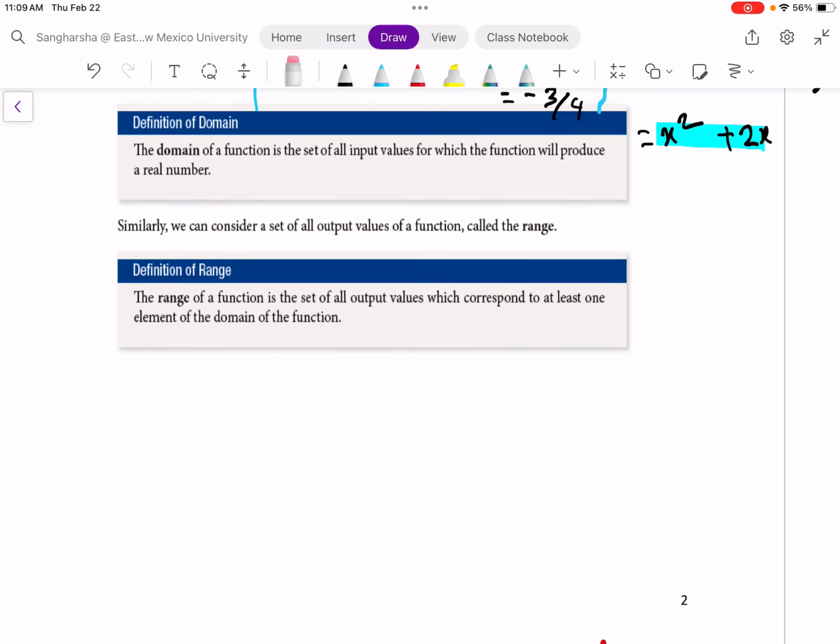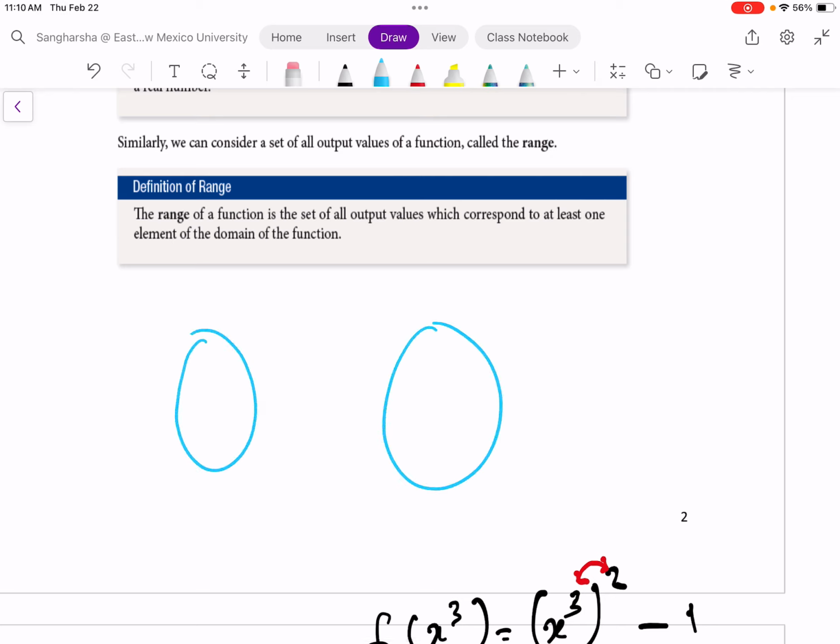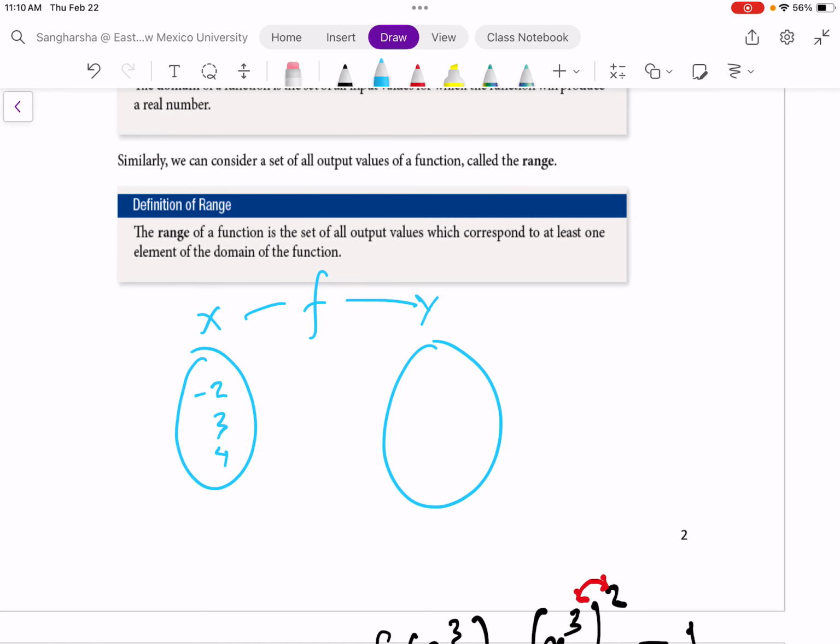Let's say we have a function here, our set is x, our set is y. We have a function f, and we have elements -2, 3, 4, and 5, 0, 6. So -2 corresponds to positive 5, 3 corresponds to 6, and 4 corresponds to 0.